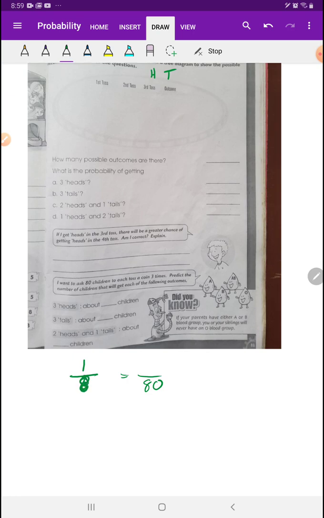You have a chance of 1 in 8. Okay, if you have a 1 in 8 chance of getting something, then if you do 80 tosses, what number is going to go up here? Well, this is times 10, so this should be times 10. So you'll probably get 10 of that thing if you're trying to do it 80 times. Okay? All right, that's the end of that.